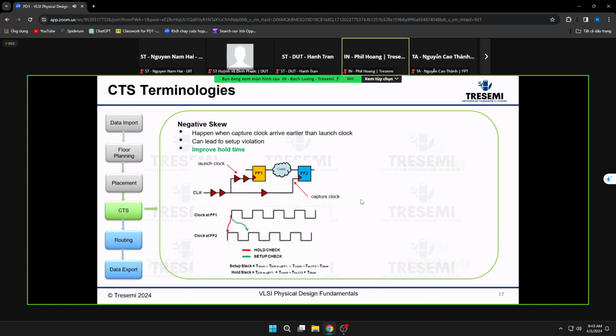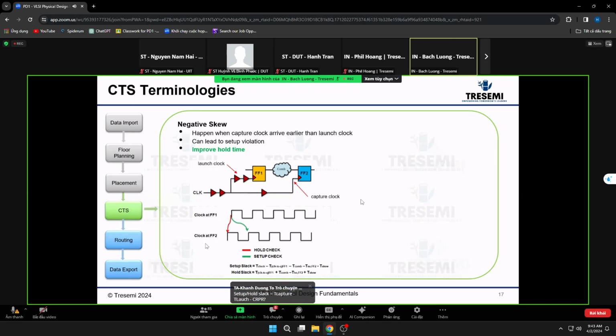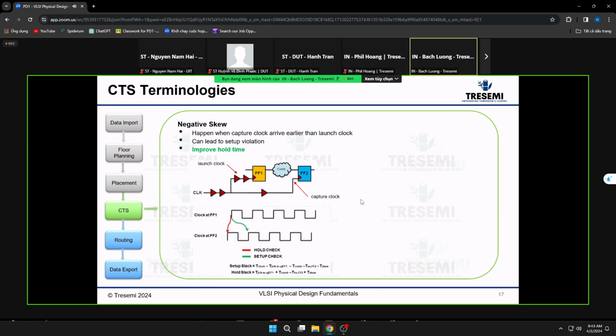Okay, thank you, Phil. And you can say setup slack is capture minus CPPR. The CPPR is that adjustment value, yes, it's going to be removed from the equation.